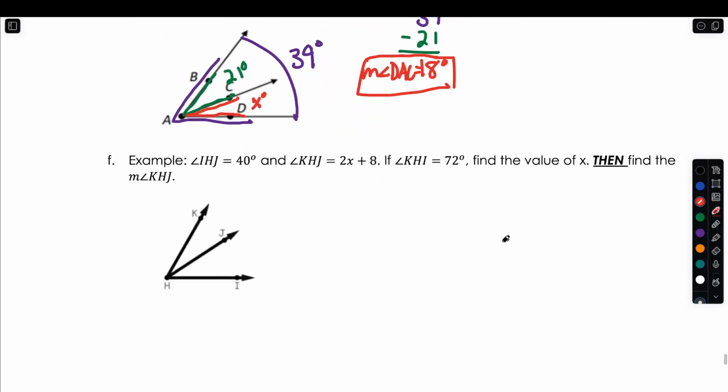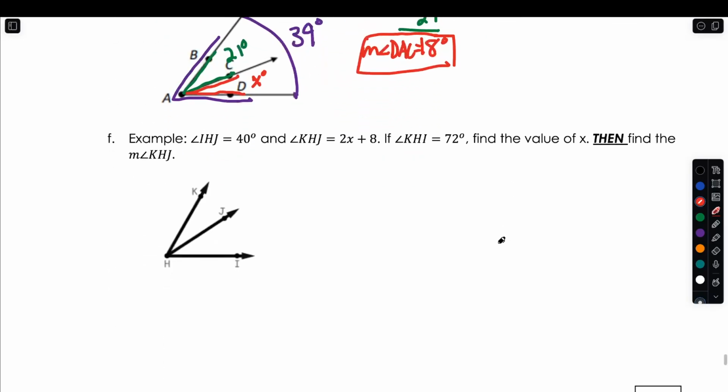Part F, this one's going to take it even a step further now. Angle IHJ is 40 degrees. So let's label it IHJ, 40 degrees. KHJ is equal to 2x plus 8. Ooh, now I'm adding in a variable in here.